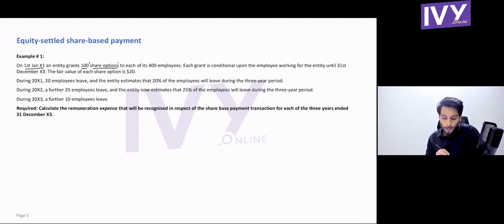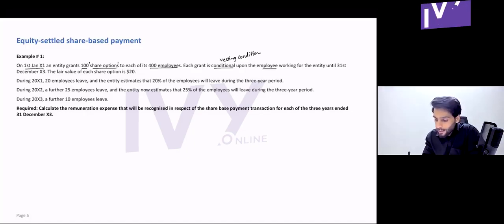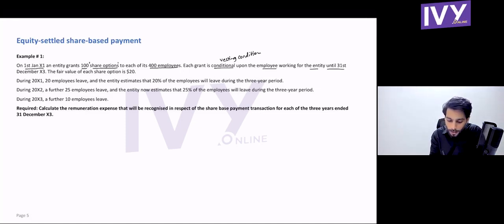On 1st January X1, an entity grants 100 share options for each of its 400 employees. Each grant is conditional. Conditional means that the vesting condition is going to come up. Each grant is conditional upon the employee working for the entity until 31st December X3.